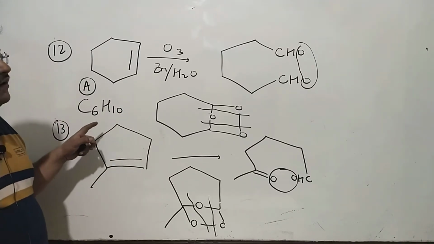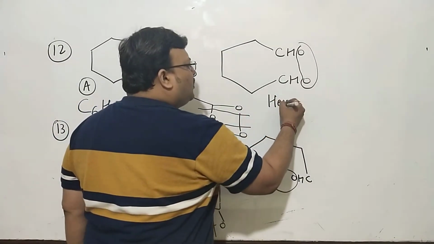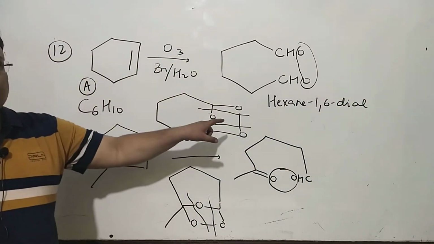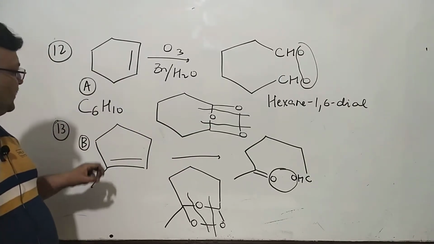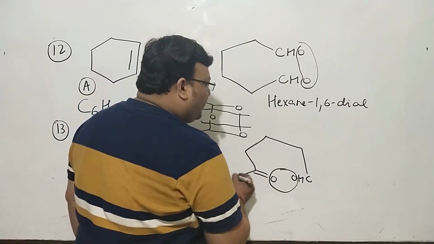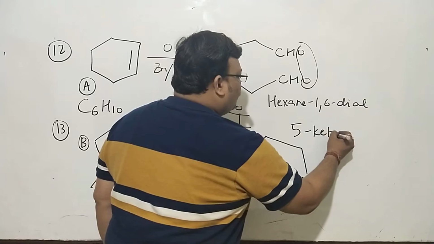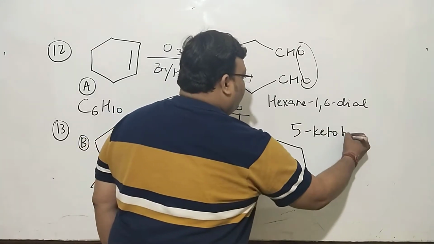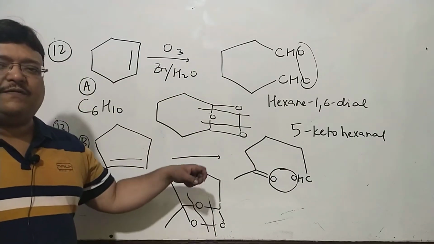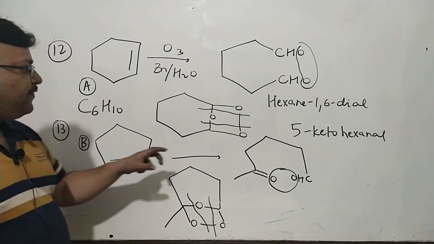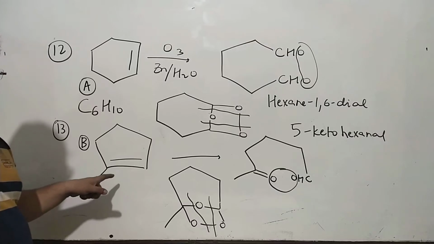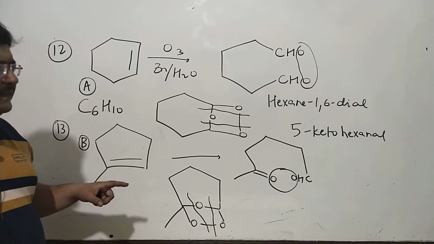A C6H10 which gives you hexane-1,6-dial as ozonolysis product must be cyclohexene, and a C6H10 which gives you 5-oxo hexanal, 1, 2, 3, 4, 5, 6, as the ozonolysis product must certainly be this compound, which is 1-methylcyclopentene.